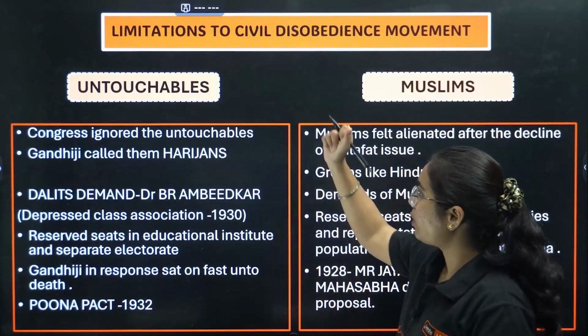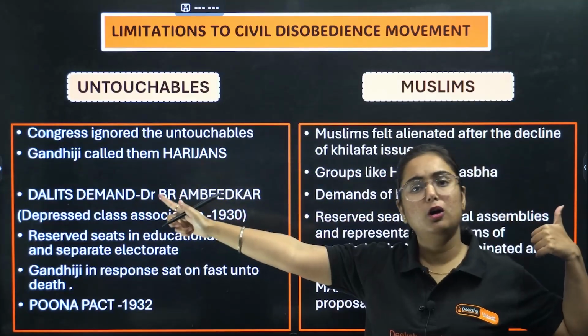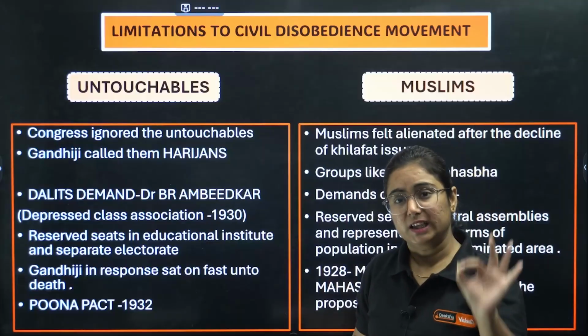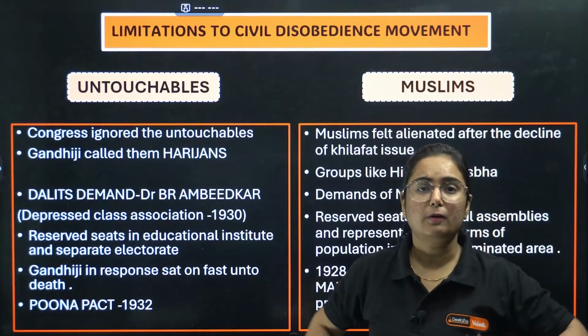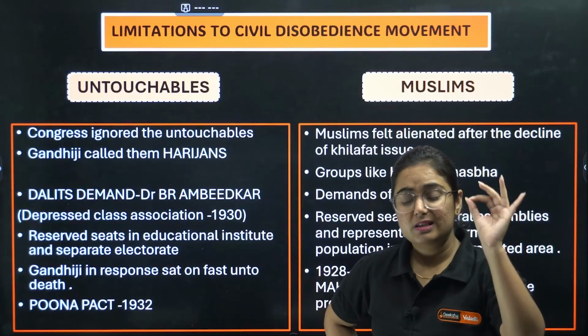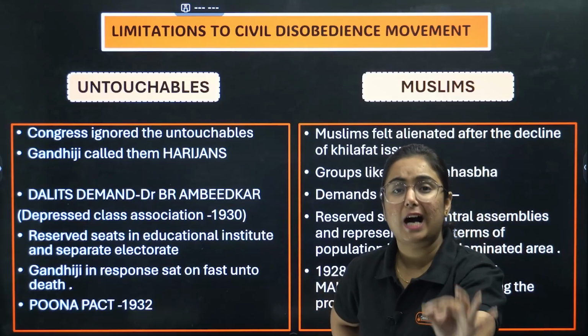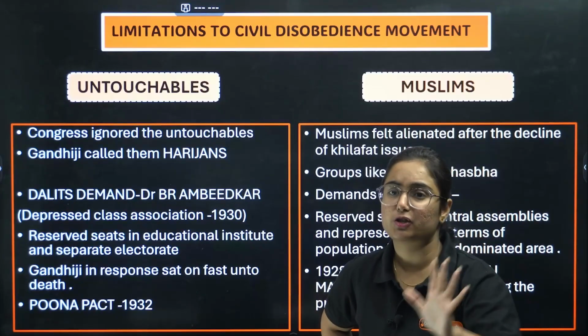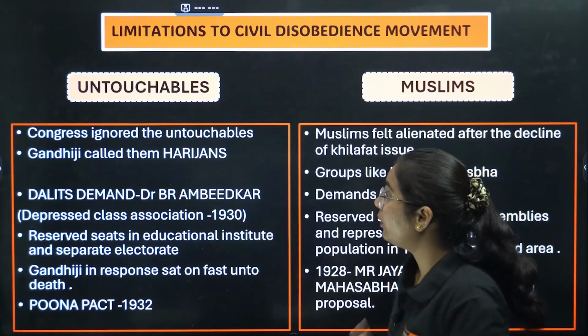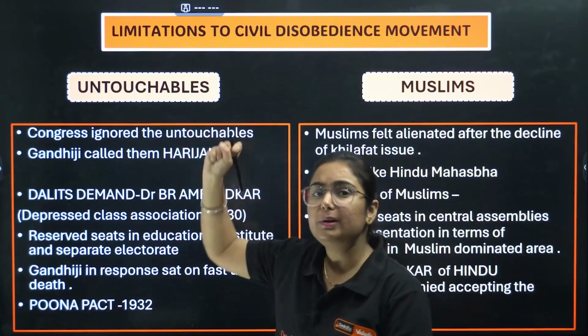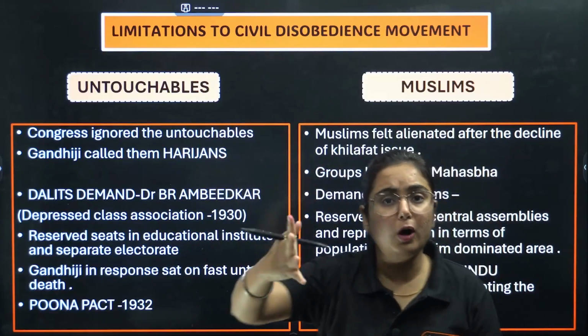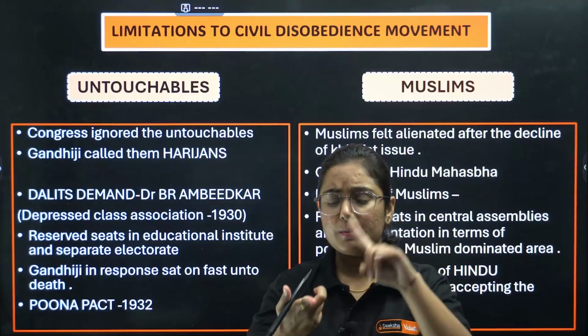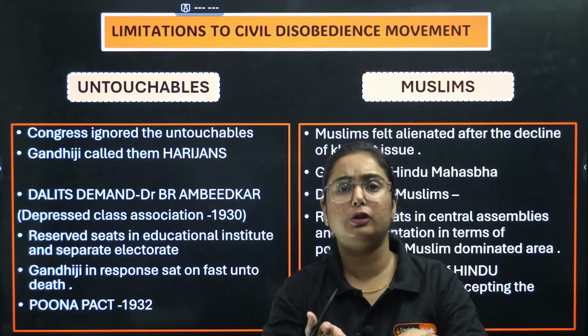Let us first go with untouchables, then we'll move to Muslims. A question can come: what are the limitations of the civil disobedience movement? You will start with the participation of untouchables and Muslims as a limitation. Now, if we talk about the untouchables, we have a history that we had four varnas in society: Brahman, Kshatriya, Vaishya and Shudra.